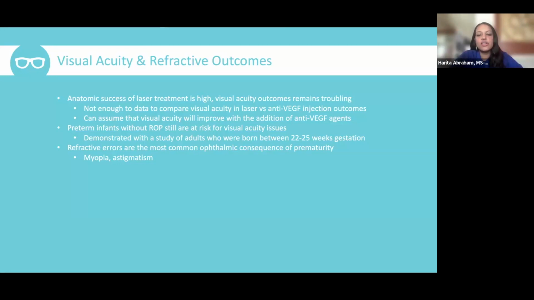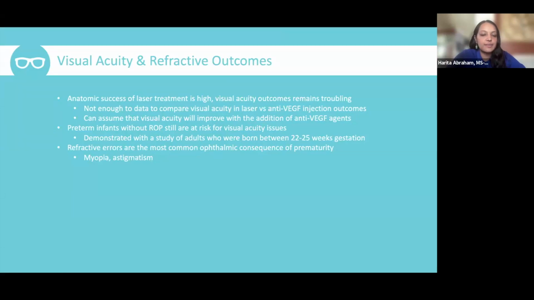The author did note that there was not enough data to compare visual acuity in laser versus anti-VEGF injection outcomes. So he's saying that even though we gave them treatment, we couldn't really fix visual acuity, and on top of that, we were not able to determine which of the treatments were better. Was laser better? Was the anti-VEGF injection better? The author assumes that maybe if we try both, we can fix visual acuity, but there's not enough data to really support that.